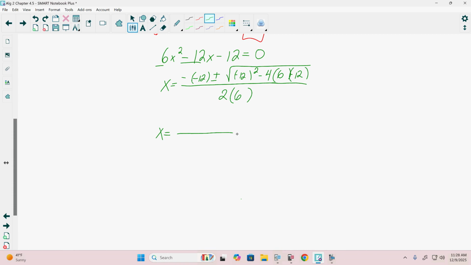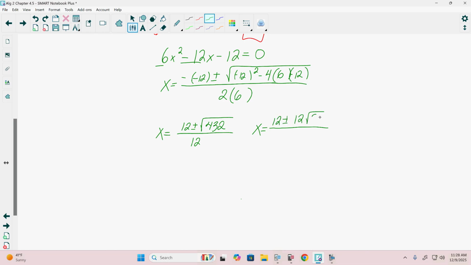Now at this point here, our negative 12 will be positive 12. On bottom, 2 times 6 is 12. Now we would also grab the graphing calculator and tell it to put negative 12 squared minus 4 times 6 times negative 12. And the calculator will tell us that it's 432. Now that does simplify.